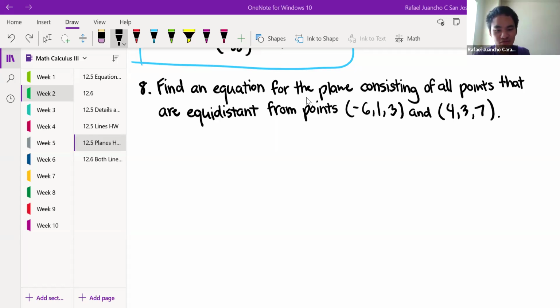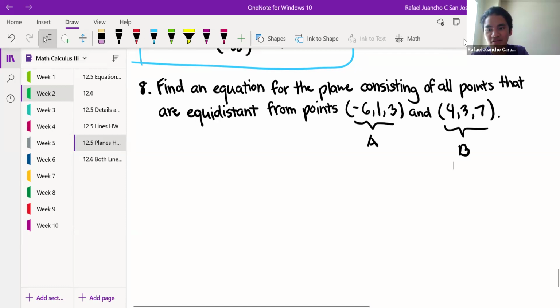If you're given 2 points, let's say this is point A and this is B. Usually when we're trying to form relationships, we want to name things just to make it easier for us. So how do I find a point that's equidistant?